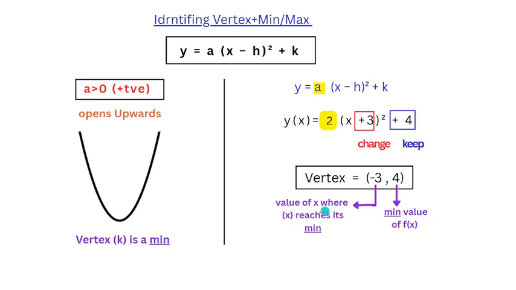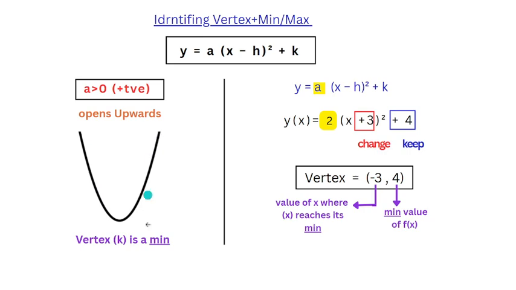What is the value of x when it reaches its minimum? It is -3. The parabola here will show us that when a is positive, greater than 0, it opens upwards. It opens upwards. تفتح لفوق.